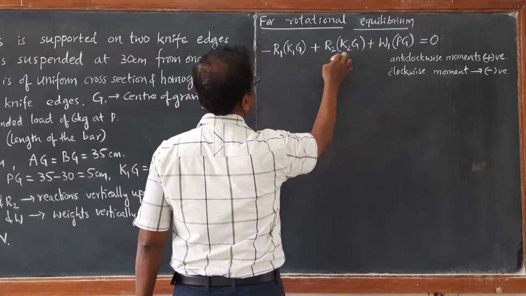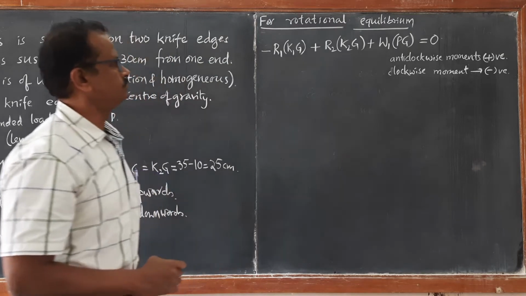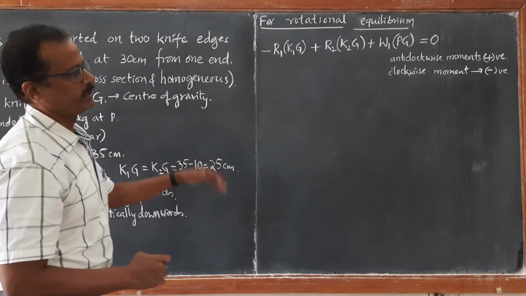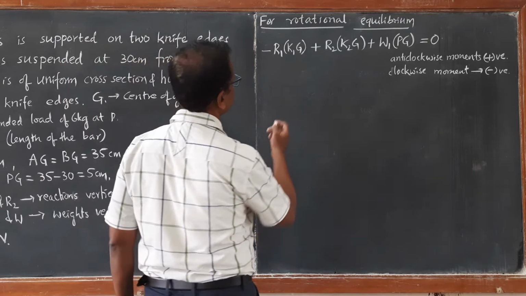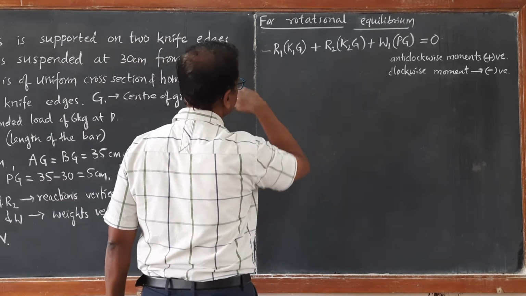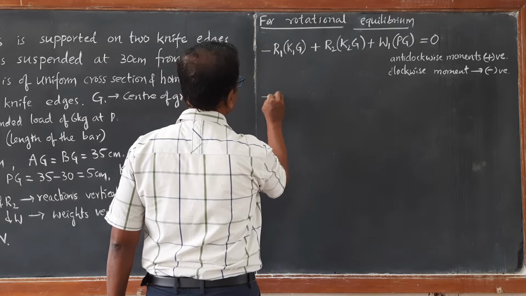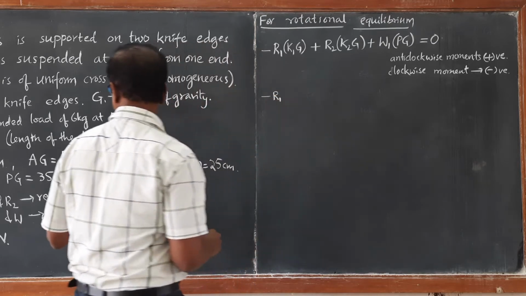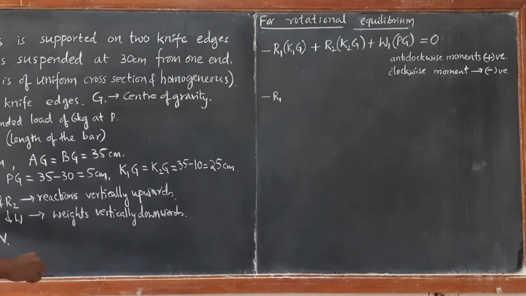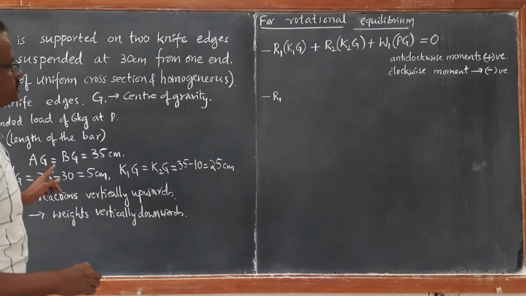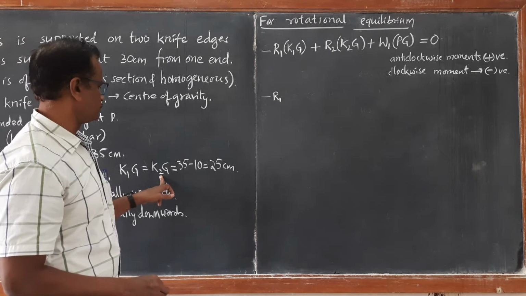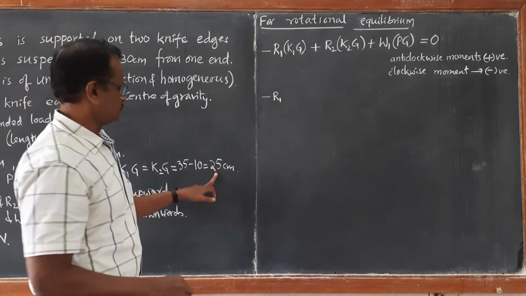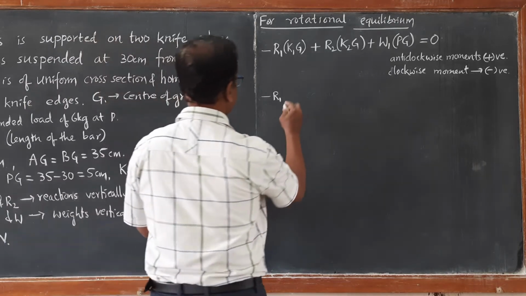Now K1G and K2G are equal. So substitute the values. We don't know the particular value of R1 and we don't know the value of R2. So we'll write minus R1 into K1G. K1G equal to K2G equal to 25 centimeter.